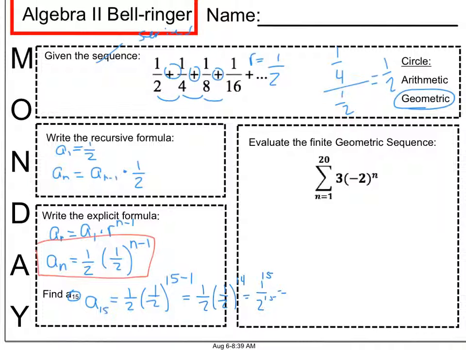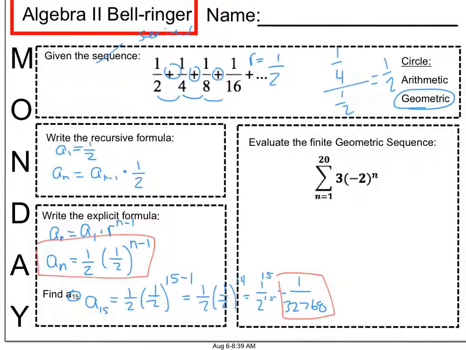Now, if you plug this into your calculator, you may get a decimal, but if we start with a fraction, we really want to end with a fraction. So 1 to the 15th power is 1, and if I do 2 to the 15th power in my calculator, I get 32,768, and that is my final answer on that question for the 15th term.